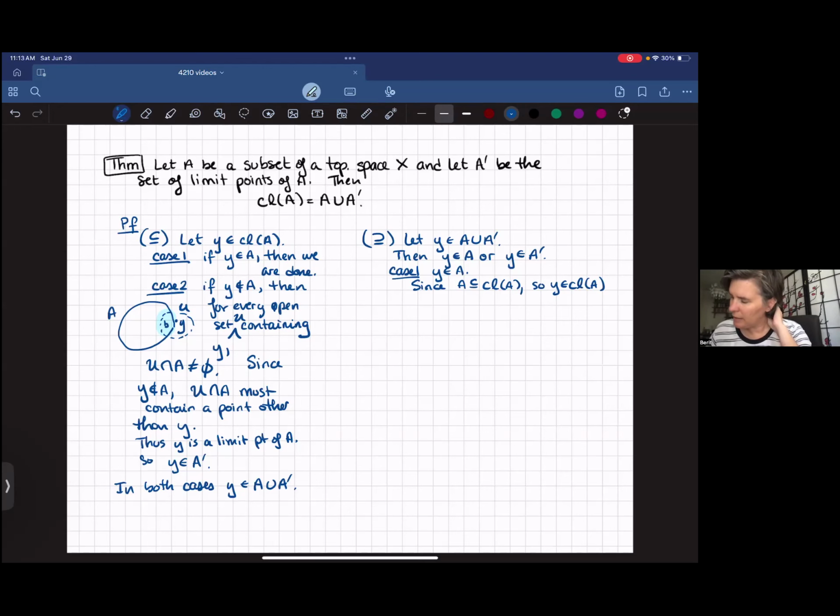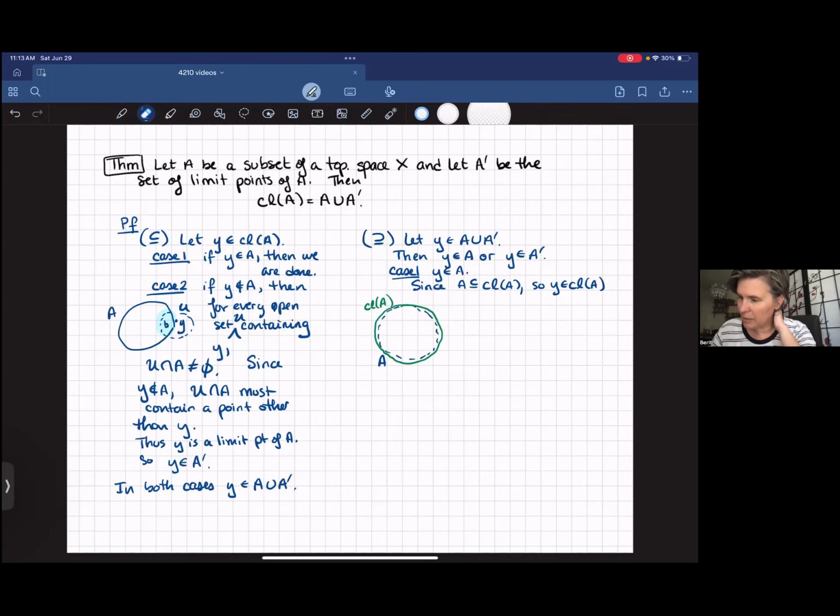Let's maybe draw this as well. So if I think of A as looking like this, then a closure is kind of like what you get when you add in all of the edge points. And so one possibility is that y is already in A. Well, if y is already in A, then it's certainly in the closure because the closure is like bigger than A. All right.